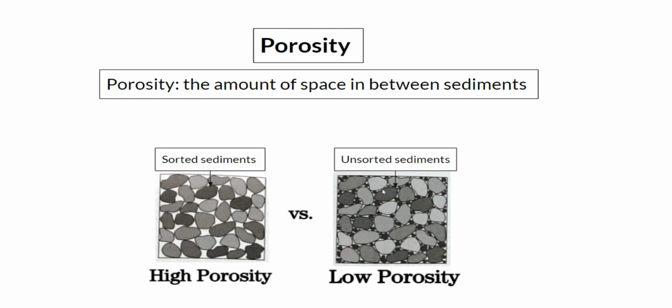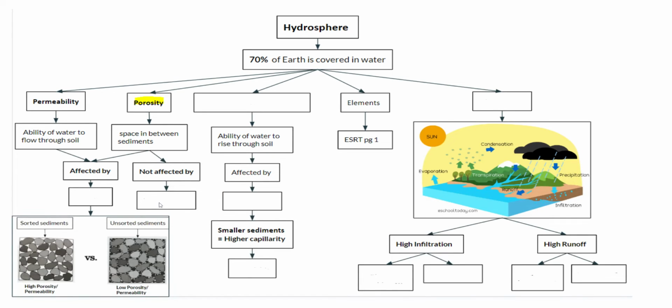And in unsorted sediments, there's not much space between the sediments, so it has low porosity. Very similar to permeability, right? If you have high porosity, a lot of times you also have high permeability. If you have low porosity, most of the time you'll have low permeability. So go and write this down in your notes. Porosity is the space in between sediments.